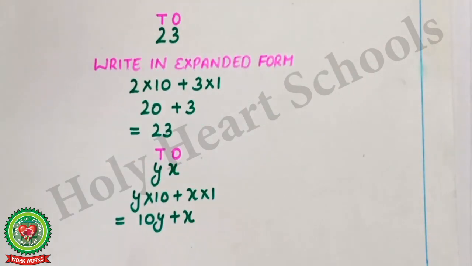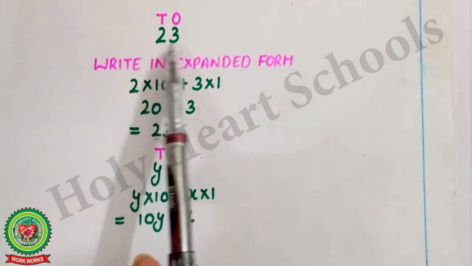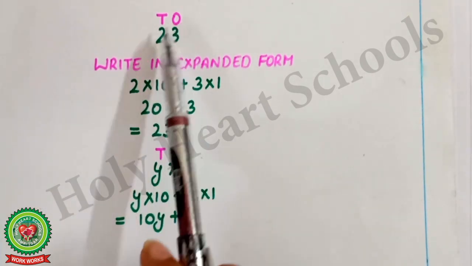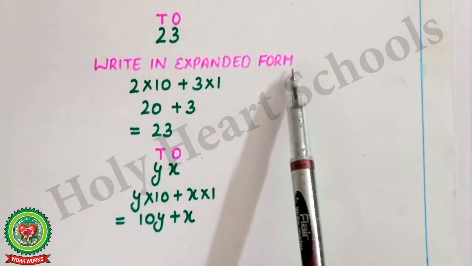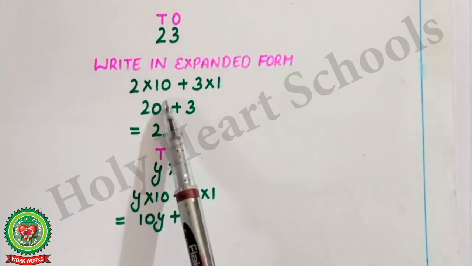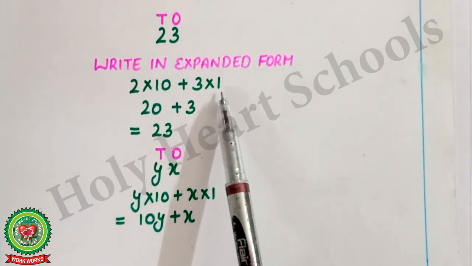Before starting the next example, first of all we are going to discuss how to write a 2-digit number. For example, suppose the number is 23. 3 is in the 1's place and 2 is in the 10's place. So writing in expanded form: 2 multiply 10 plus 3 multiply 1.